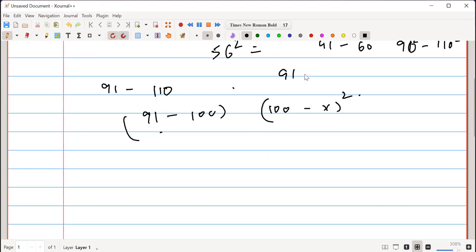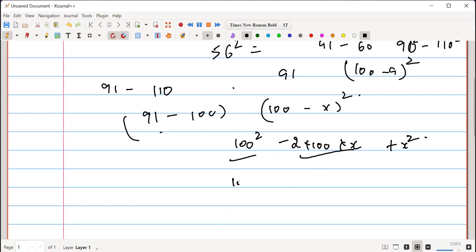If it's 91, 100 minus 9 whole square. If I expand this, 100 square minus 2 into 100 into x plus x square, right? In these two, if I take 100 as common, it would be 100 into (100 minus 2x).